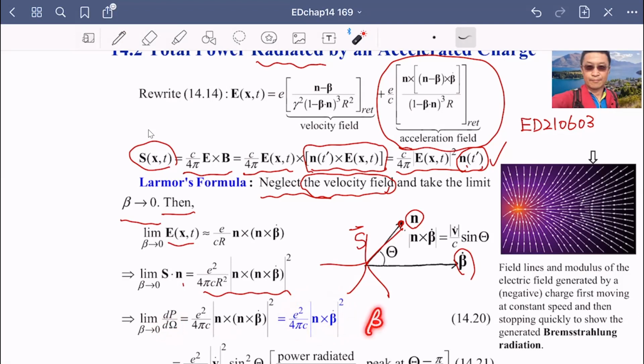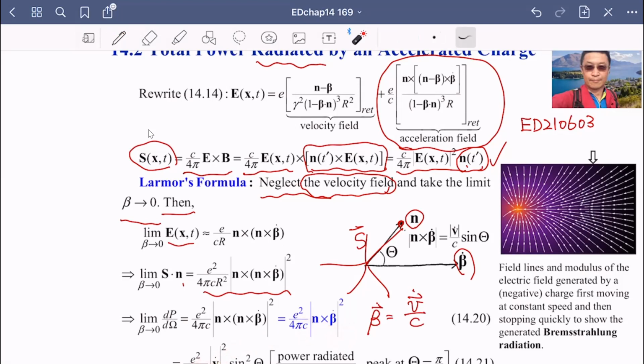Remember, beta dot is v dot over c. So we just change this c squared here, one c plus another c squared, so we have c cubed.